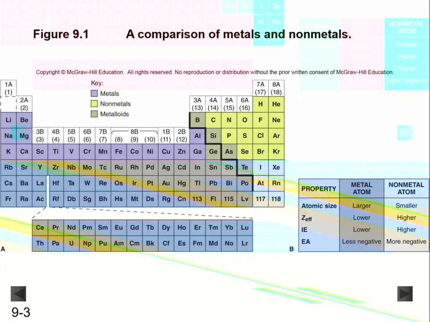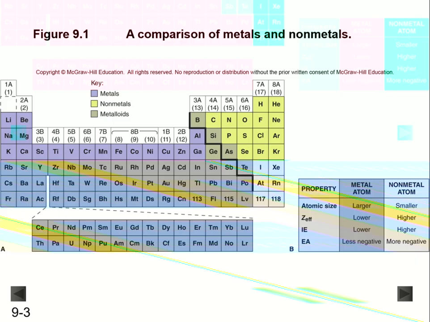And at this point, we're very familiar with the periodic table. As we look at it here, we've got in blue the metals, in green are the metalloids, and in yellow are the nonmetals. What we learned from the last chapter is shown in the right-hand table. The metals tend to have larger atomic sizes. They have a lower effective nuclear charge.